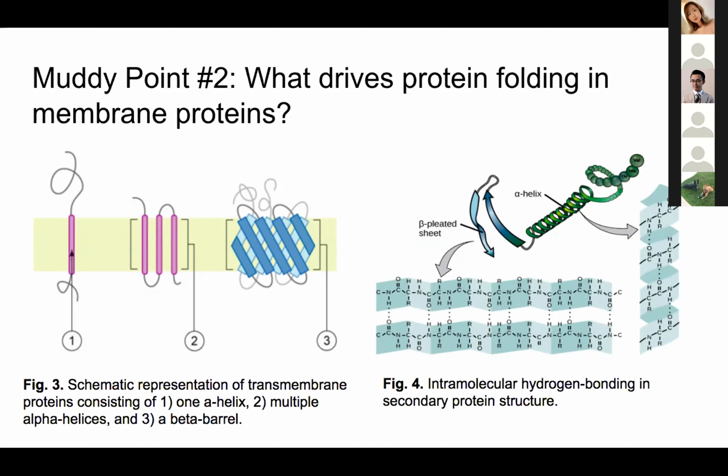So if you take a beta sheet from solution and stick it inside the lipid bilayer, you don't regain the hydrogen bonding at the edges. So in order to regain that and reduce the energetic penalty, the sheet wraps around itself so that the hydrogen bonding is satisfied internally. So that's why we have beta barrels and hydrogen bonding inside the lipid bilayer.